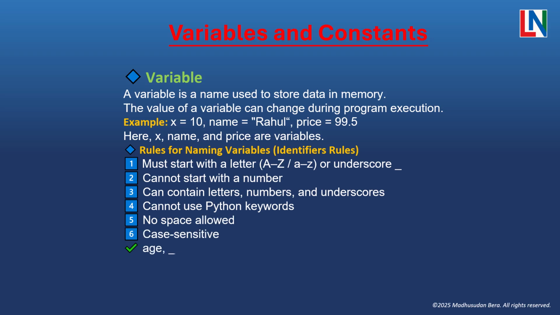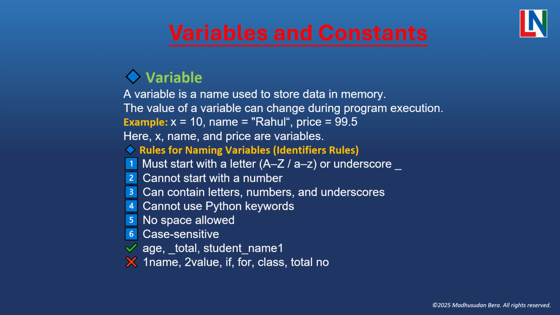Case sensitive means if we write name in small letter or name in capital letter, these are two different variables. Age underscore total, student underscore name 1 are valid, but 1name, 2value, if, for, class, total number are invalid.